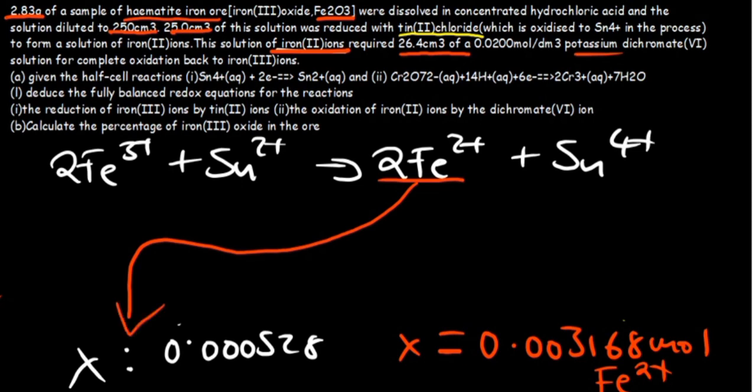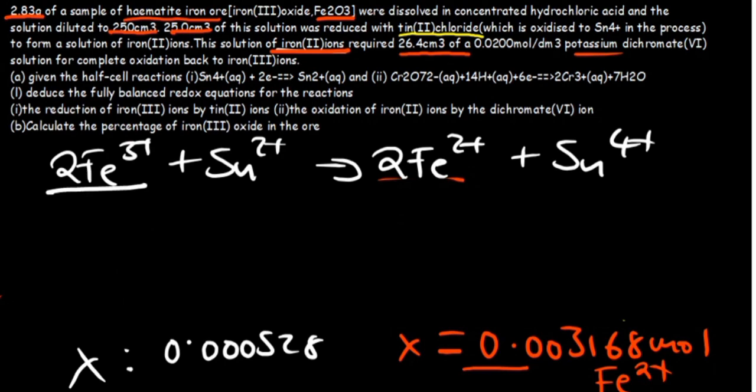If we add that much coming from the first reaction, how much did we have of the iron 3? This is what we started with. Since they're in the ratio of 2 to 2, so 1 to 1, the number of moles determined from the second reaction is the same number of moles that had started from the 25 cubic centimeters of the solution. So we add the same exact number of moles.